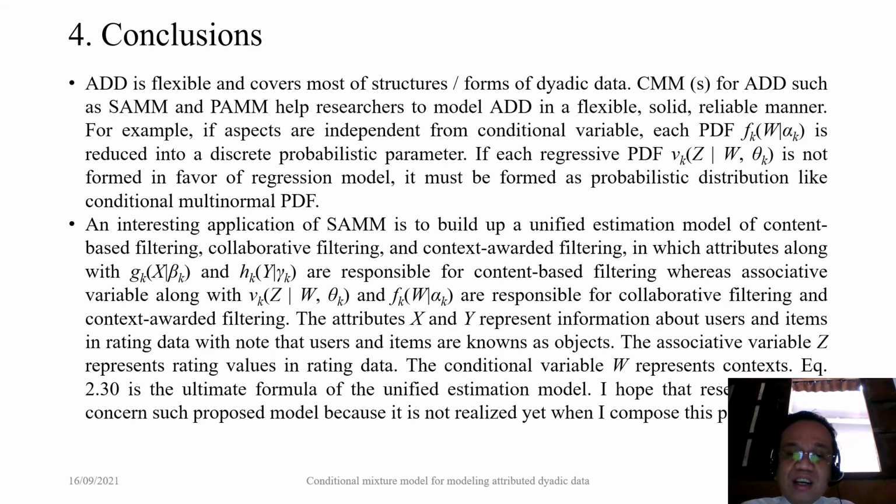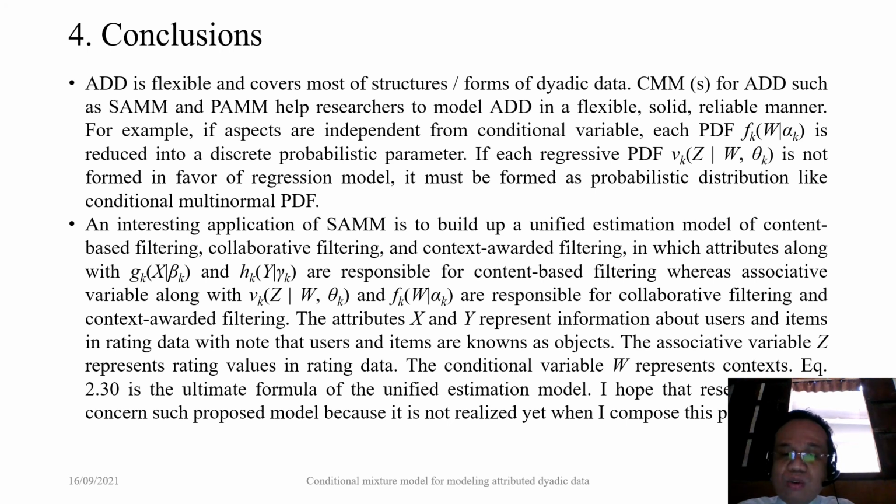An interesting application of SAMM is to build up a unified estimation model of content-based filtering, collaborative filtering, and context-aware filtering, in which attributes along with GK and SK are responsible for content-based filtering, while associated variables along with VK and SK are responsible for collaborative filtering and context-aware filtering.